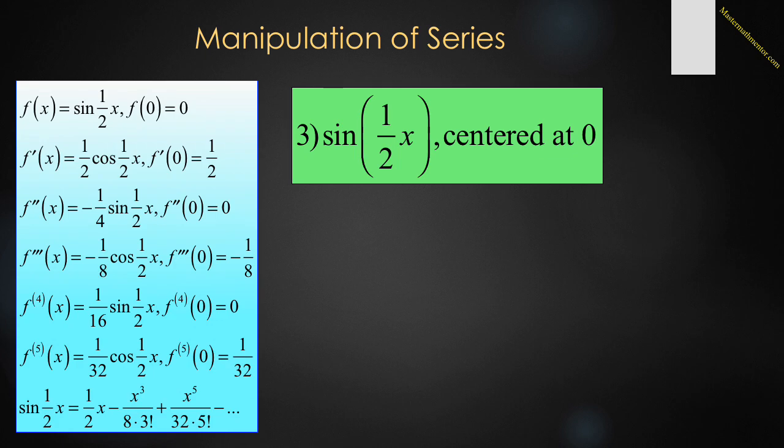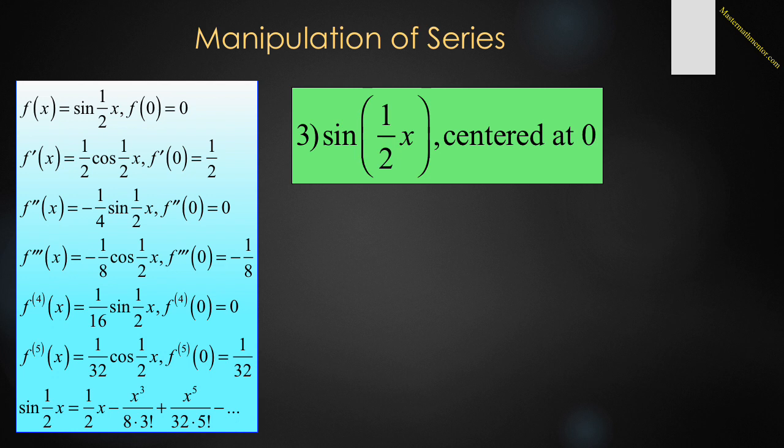So f of x equals sine of 1/2 x and f of 0 equals 0. Our first derivative is 1/2 cosine of 1/2 x, and f prime of 0 is equal to 1/2. The second derivative is negative 1/4 sine of 1/2 x, and the second derivative at 0 is 0, while the third derivative is negative 1/8 cosine of 1/2 x, and the third derivative at 0 is negative 1/8.